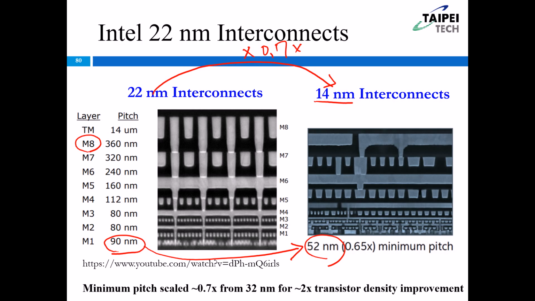So that's the reason I show you why right now the total yield will be dropped, due to a very, very small metal pitch. It's very difficult to fabricate the small metal pitch for the VL1 and M1. All of this is very, very difficult to fabricate, because you can see the pitch become smaller.